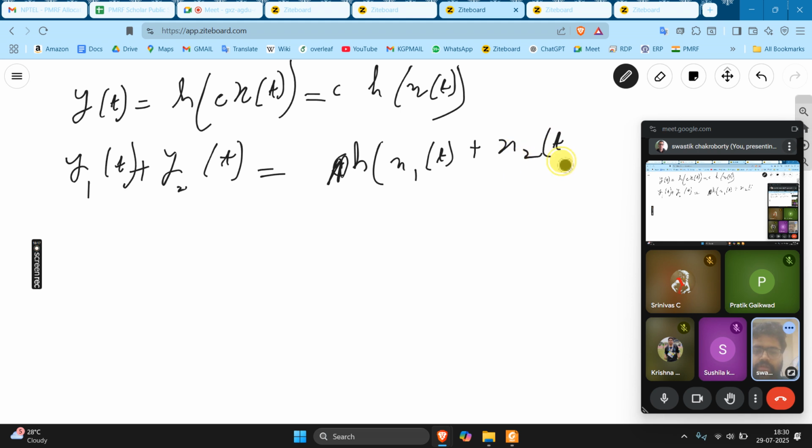So you have to follow these definitions. One is called homogeneity and one is called additivity. So the first principle is homogeneity.